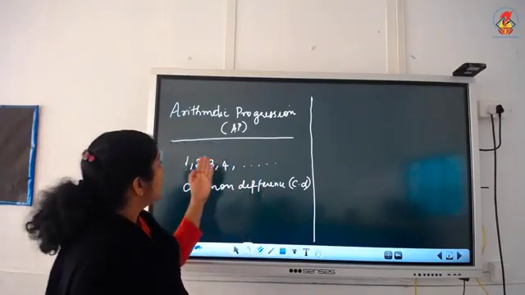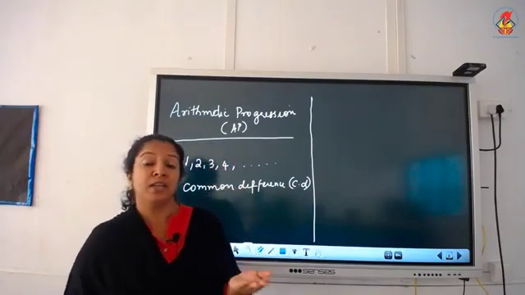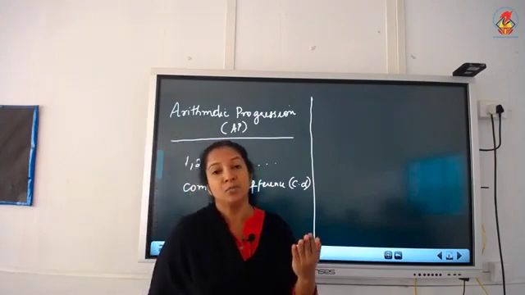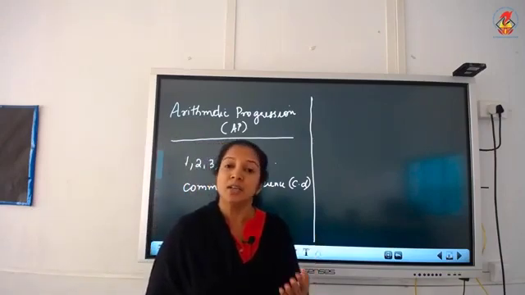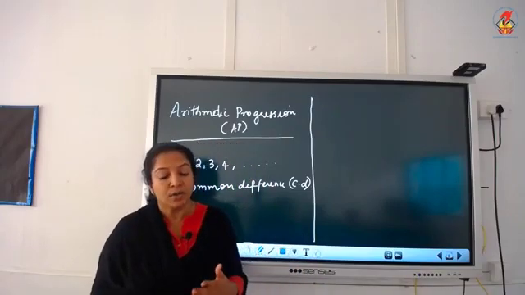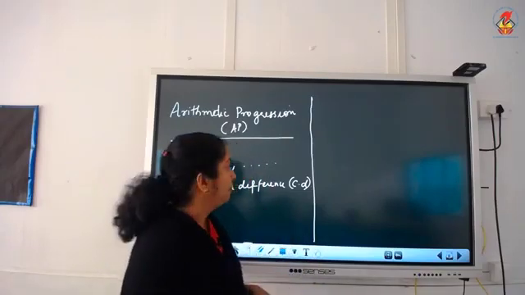Then this arithmetic progression can be finite or infinite. If the number of terms is finite, it is a finite AP, otherwise it is an infinite AP.